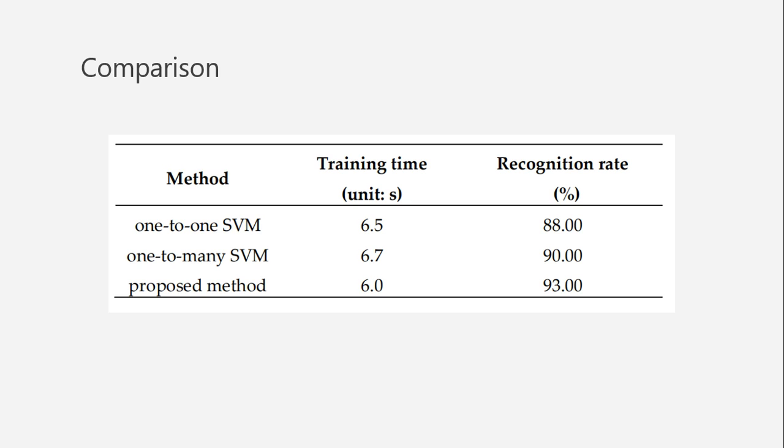The training time and the recognition accuracy of the 3 different methods is shown in this. The training time was 6.5, 3.7, and 6 seconds. The recognition accuracy was 88, 90, and 93%.